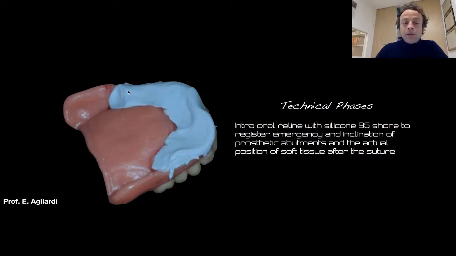This is a putty material, the silicone putty material, and then we go in the mouth. So the intraoral reline with silicone, with Shore 99, registers the emergence and inclination of the prosthetic abutments and the actual position of the soft tissue after the suture.